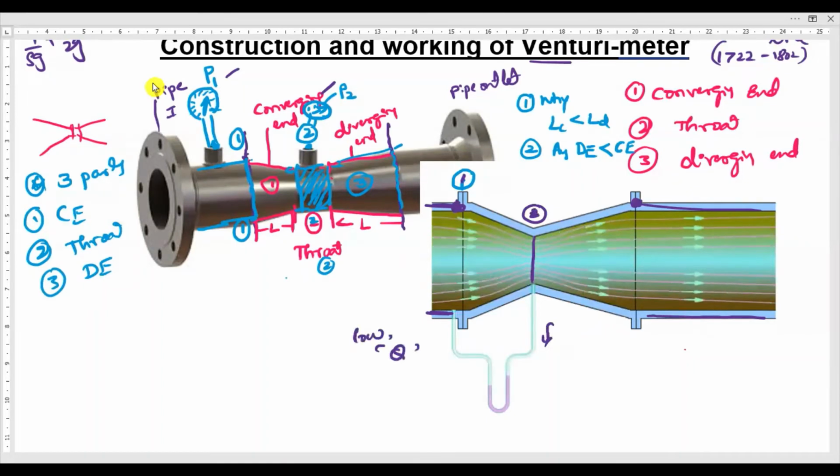You use pressure gauges where you are measuring a huge discharge, for example in turbines, thermal power plants, or hydroelectric power plants. If you are measuring low discharge in an experiment or lab, you can use manometers also.